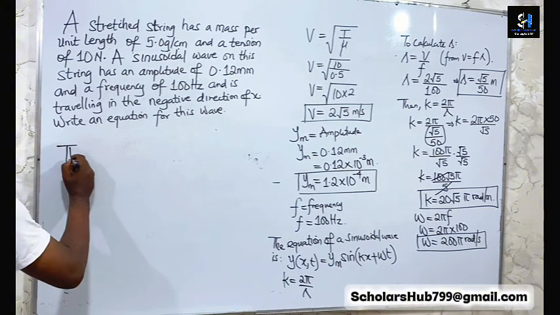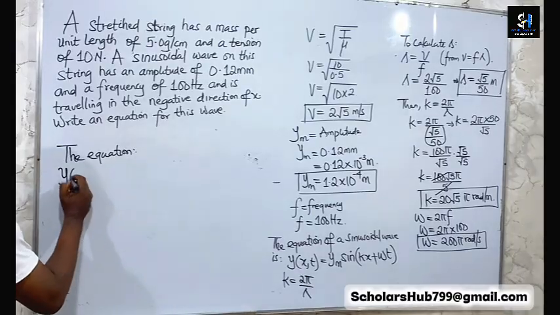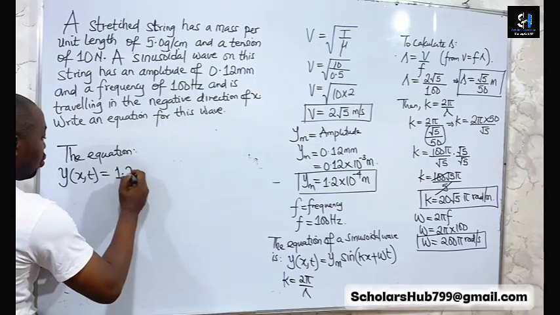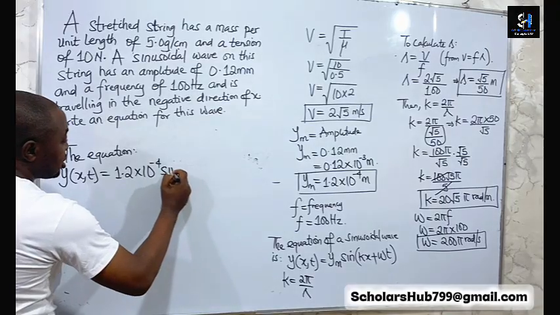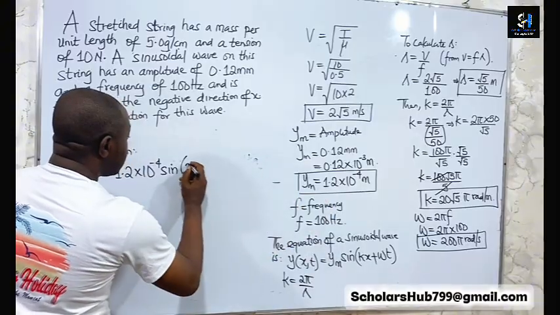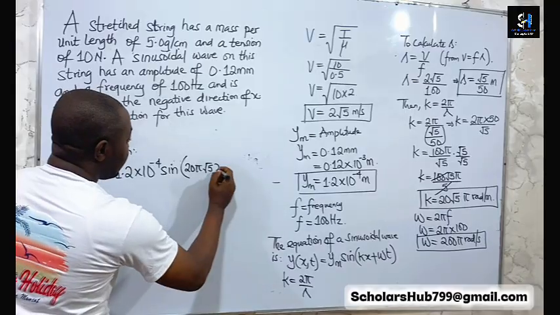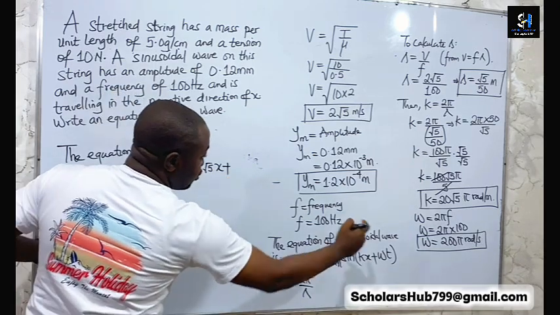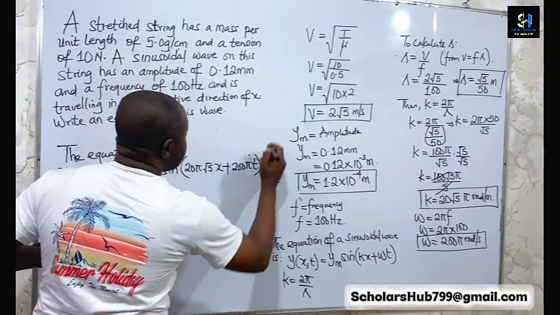So the equation will be y as a function of distance x and time t equals 1.2 times 10 raised to the power of minus 4, then sine of 20 pi root 5 times x, plus 200 pi times t.